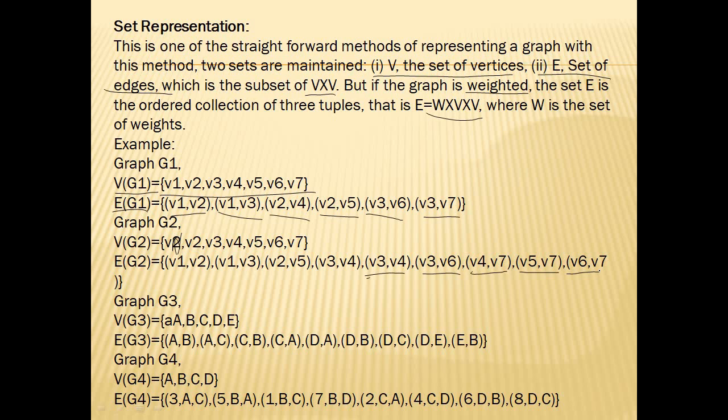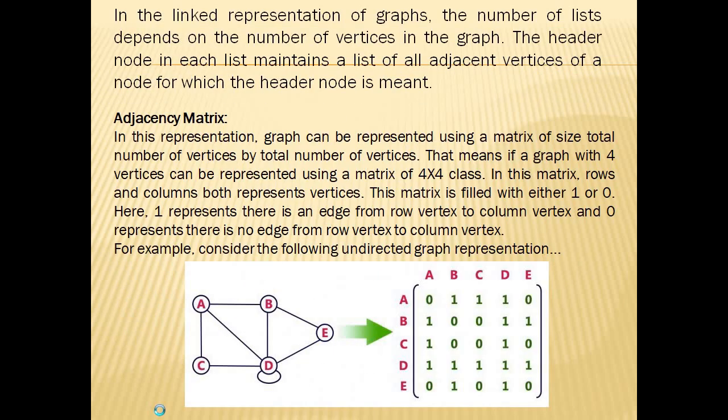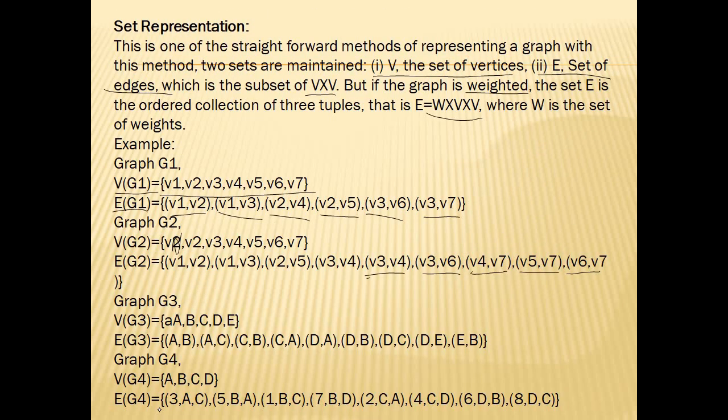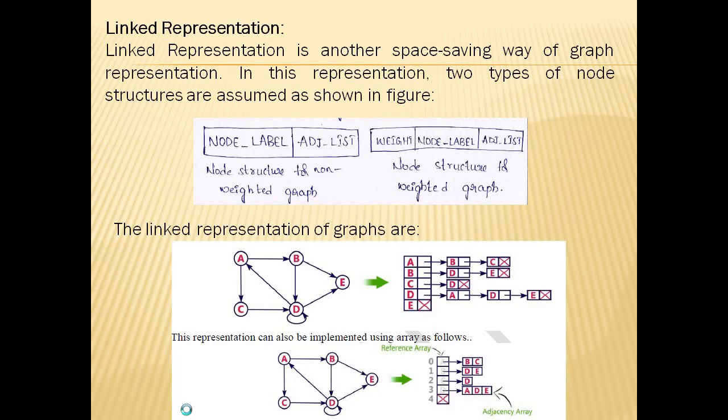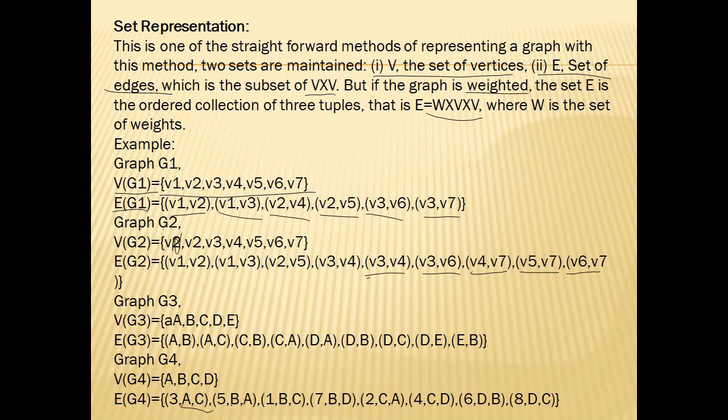Like that, we can represent it in different ways. When it comes to the fourth graph, it has weights, so in the edges, along with the vertices, we will represent the weight also. So this is set representation.